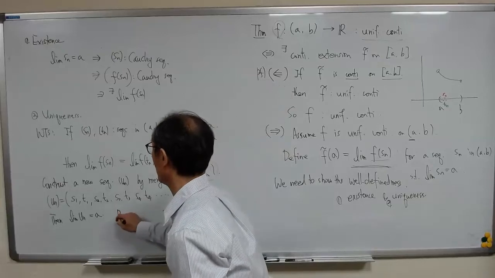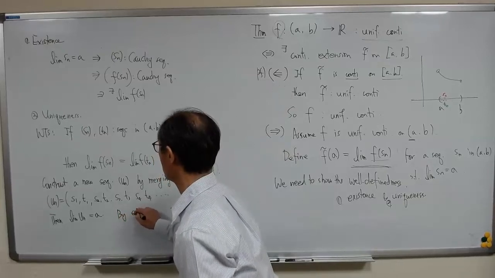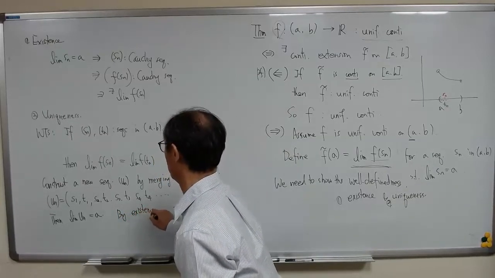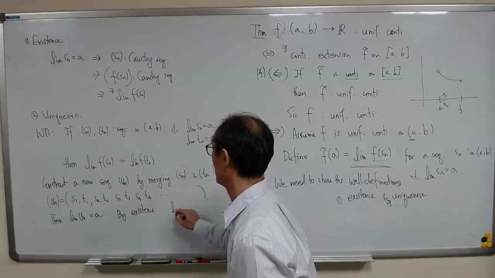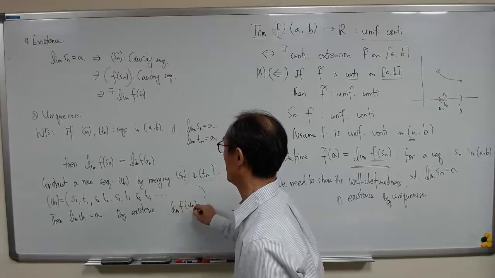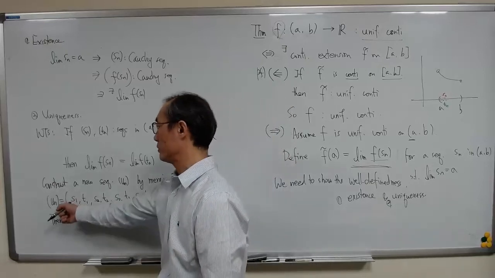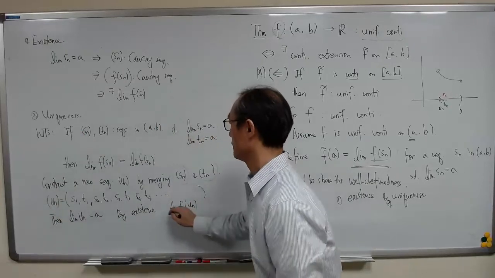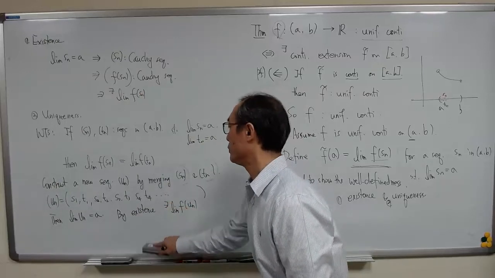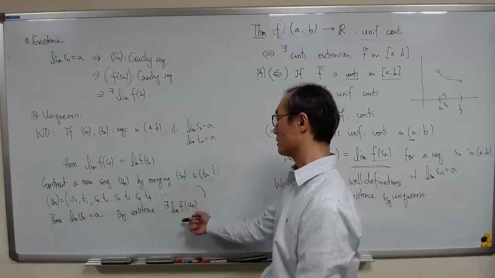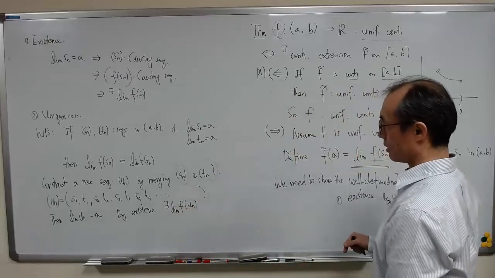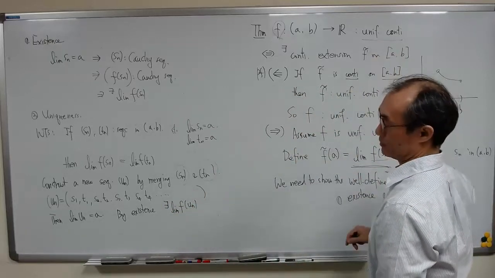And by the existence, the limit of f of Un, if you put the sequence Un into the function f, this limit exists. This existence is derived from the uniform continuity.